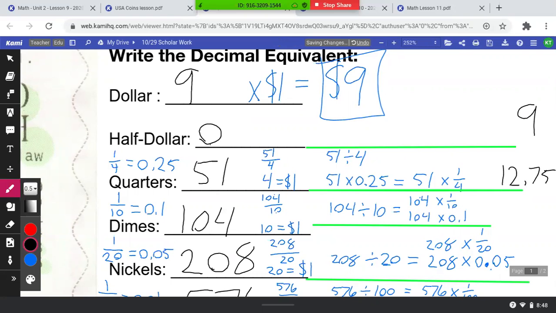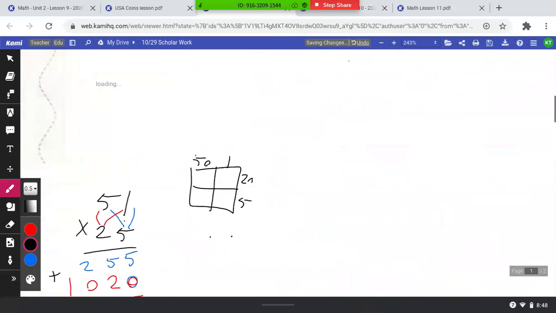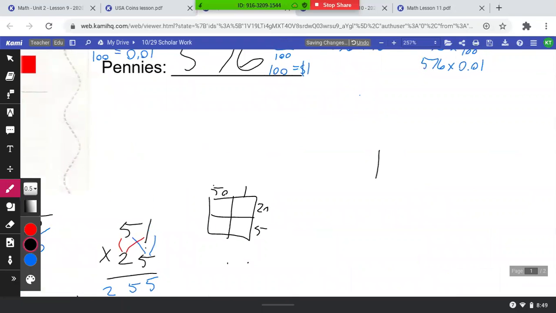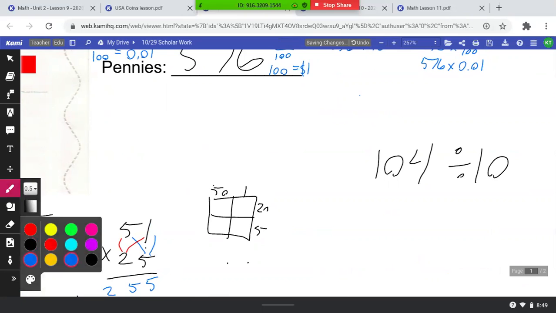Now let's go to dimes. She has 104 dimes. So we're doing 104 divided by 10. Y'all, that is easy. All we do, since we are dividing by 10, we decrease our place value.